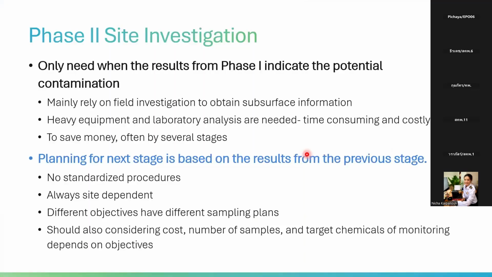So basically, we follow the phase 1 result to do the site investigation plan. Only when the result from the site phase 1 indicates there's a potential contaminant do you have to take the sample.